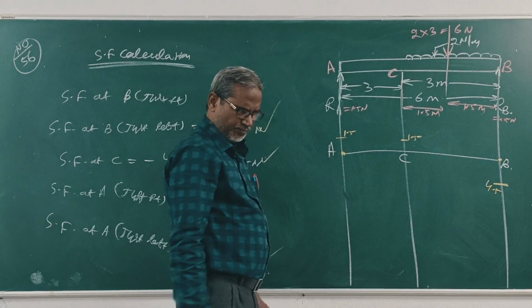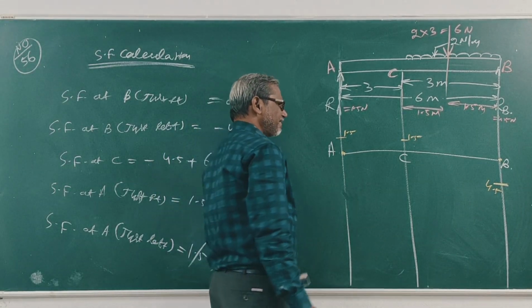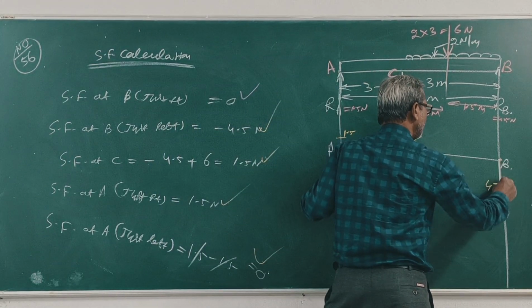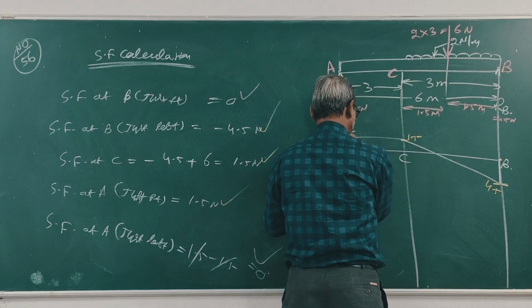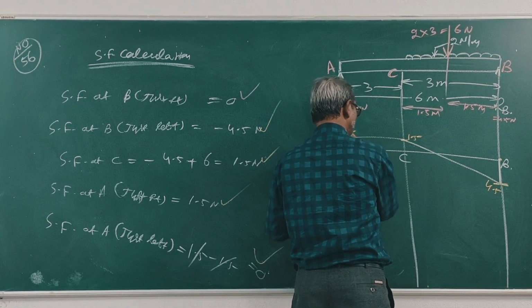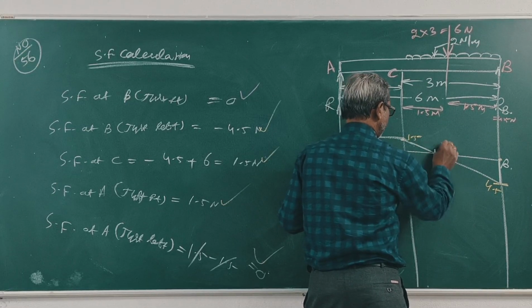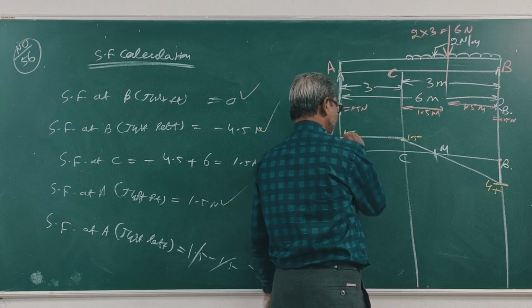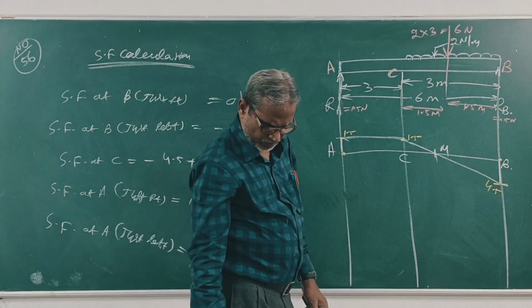Clear? Now draw this shear diagram: 0, 4.5, 1.5, 1.5, 0. At this point M, the shear force changes sign from negative to positive.